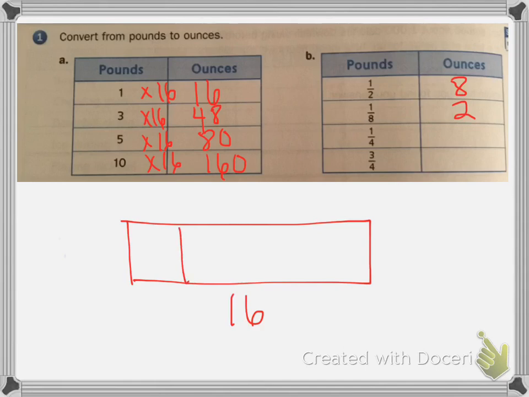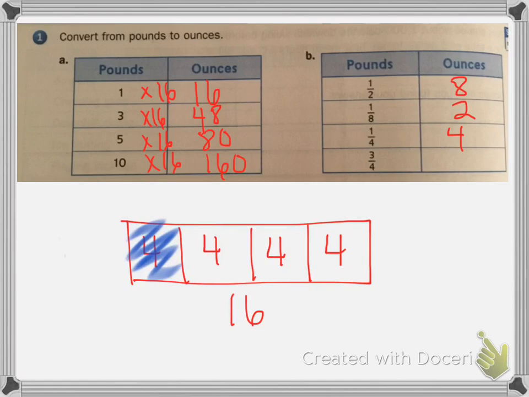So you should have split this into 4 equal groups. What times 4 is 16? Well, 4 times 4 is 16. Okay, we want 1/4 of that, so that would simply be 4 ounces.